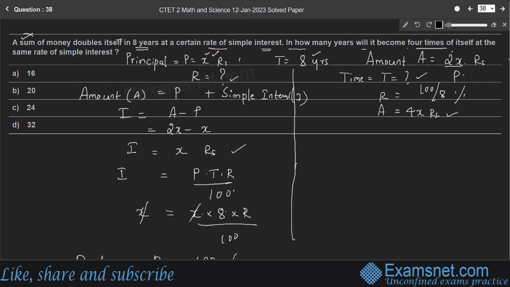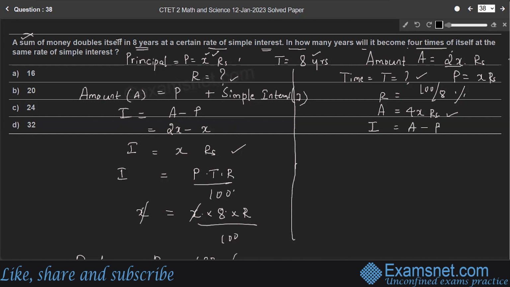With the same rate of interest, 100 by 8 percent, what is the time taken for the principal to become 4 times itself? For that, again we use the same formula. Interest is always amount minus principal.